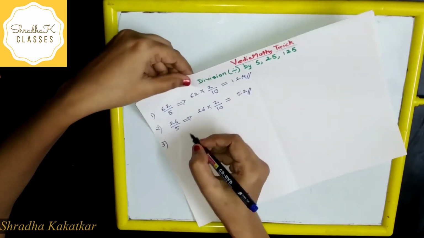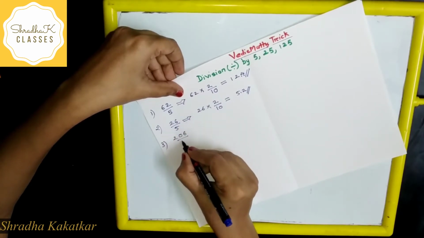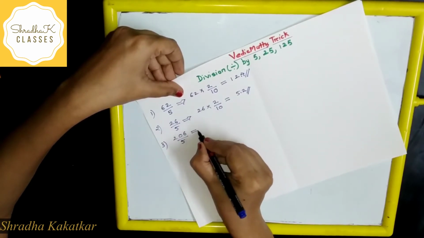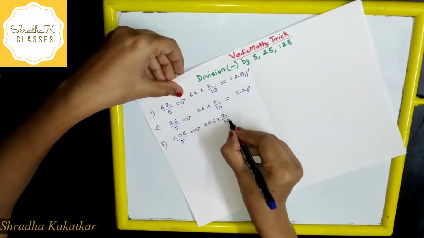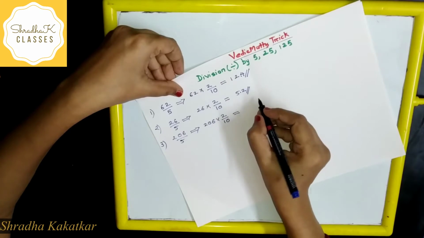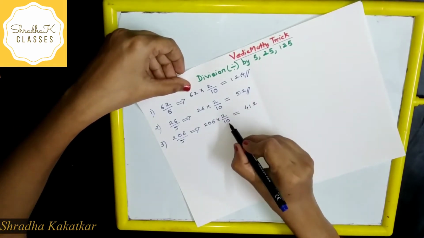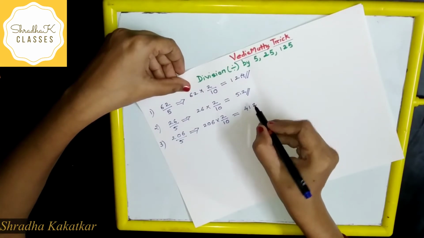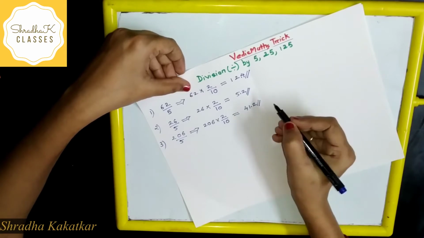Third, 206 by 5. So 206 into 2 by 10. That is 412. Then again, as here there is 10, leave one digit and give a decimal point. 41.2 is the answer.